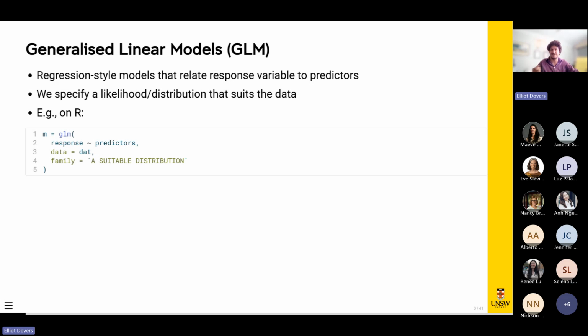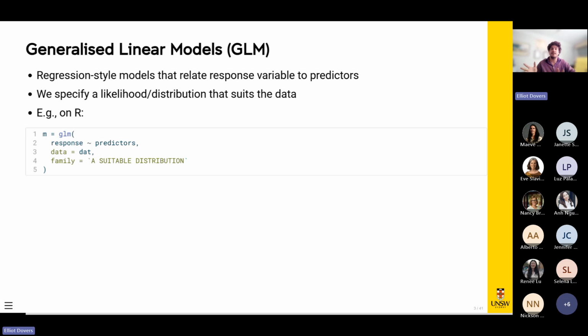And so a good starting point, and in many cases the final point of an analysis of event data, is to use a generalized linear model. I'm hoping that you're at least somewhat familiar with a regression style model. In the simplest case, that's a linear model where we're relating some continuous variable to some other variables, and we can make sense of those relationships through that model.